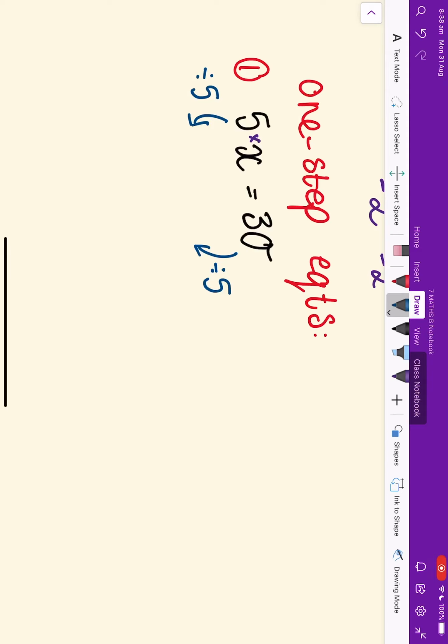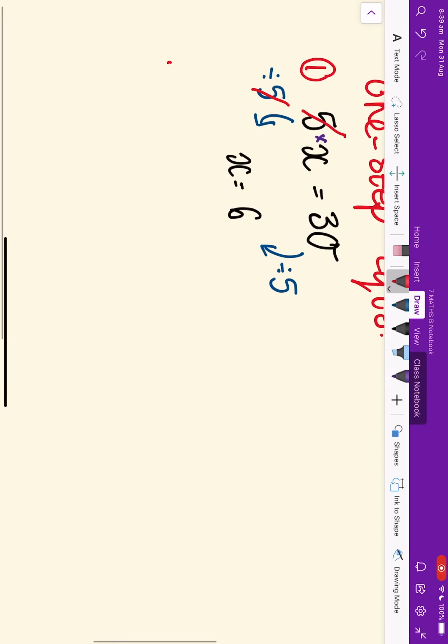When you divide 5 by 5, you can get rid of the 5s. Then x becomes 30 divided by 5, which is 6, and 6 is your answer. It's as simple as that. Let's do another one.